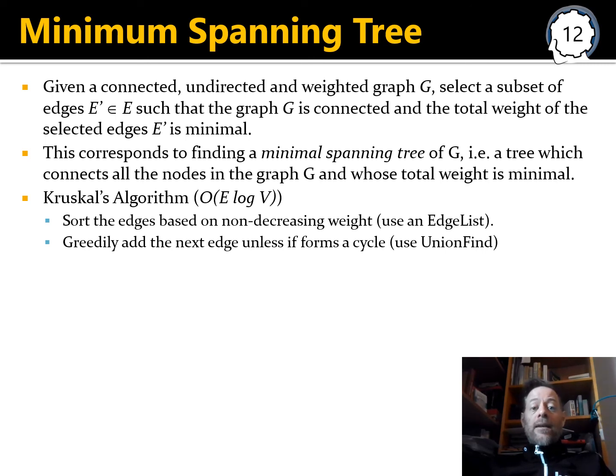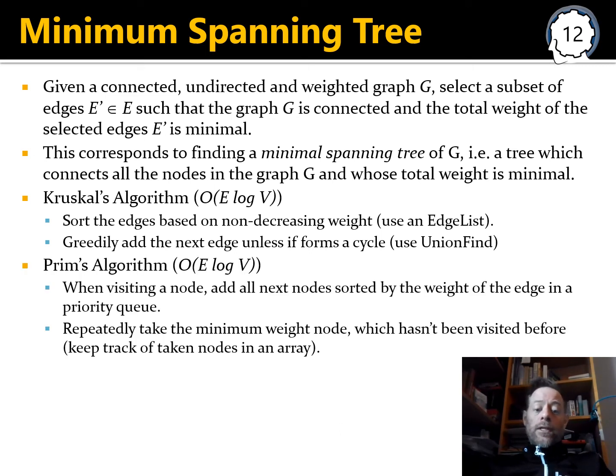On the other hand, if these two nodes are in different sets, then we add this edge, do the union of those two sets, and then we proceed. This is a very nice example of a greedy algorithm. We can go through these edges just once, from cheapest to most expensive, and greedily add edges until we have our optimal minimal spanning tree. Very nice.